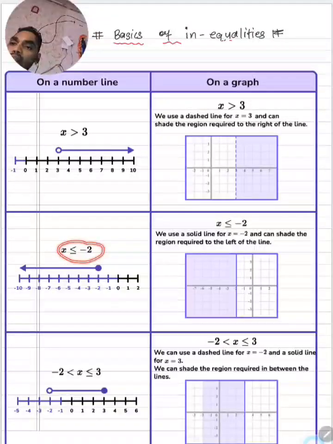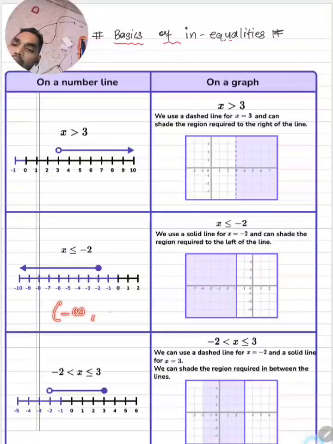Here -2 is included, and we need to take all the values which are less, till the lowest value, that means till minus infinity. So you know that minus infinity is the lowest value. Whenever you're writing in bracket form of notation, you have to always start with the lowest value and then the highest value. Since -2 is included, we need to make a close bracket: minus infinity to -2.